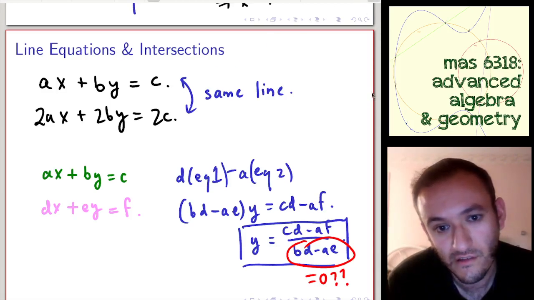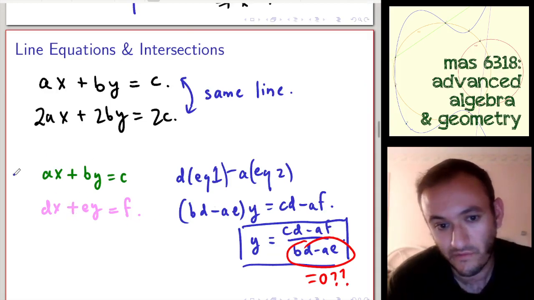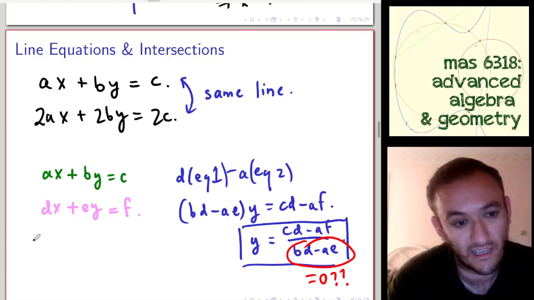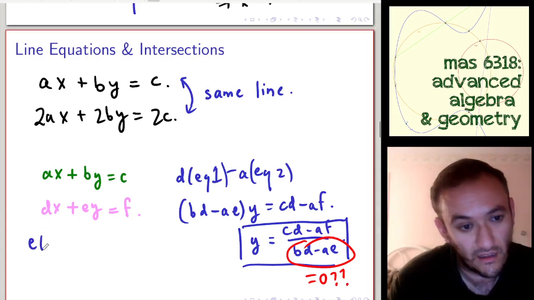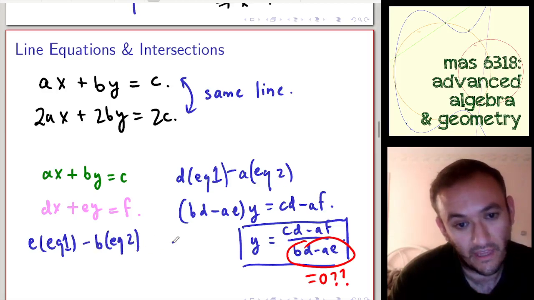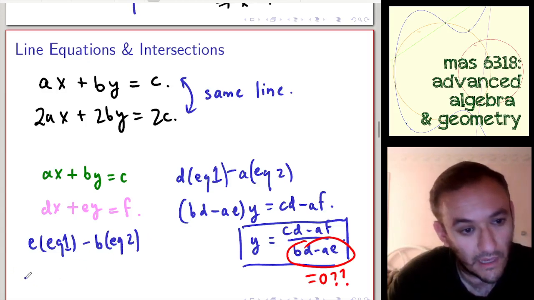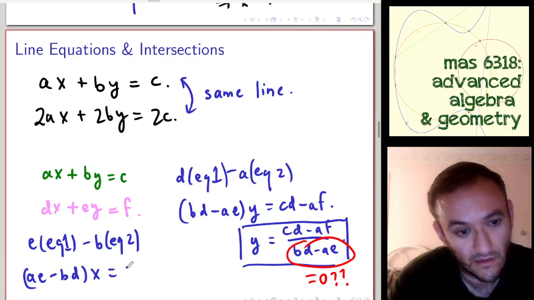Okay, and then you can solve for x as well. You can either plug this into one of the equations, or you could do a similar trick by taking e times equation 1 and subtract b times equation 2, and you would obtain (ae minus bd) x equals ce minus bf.